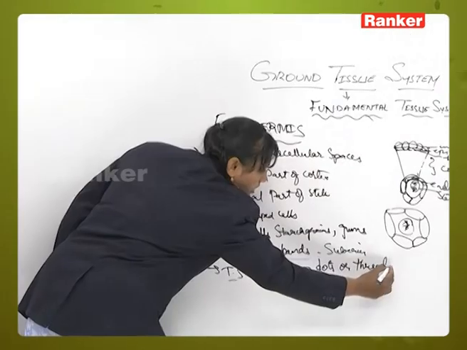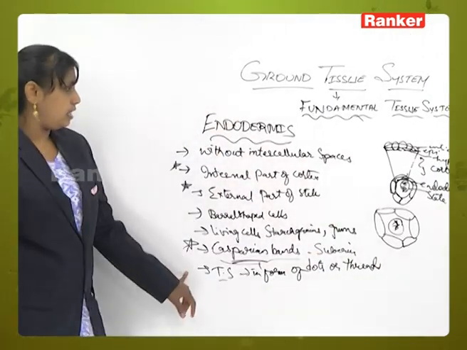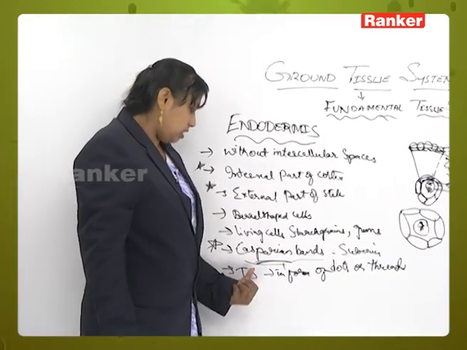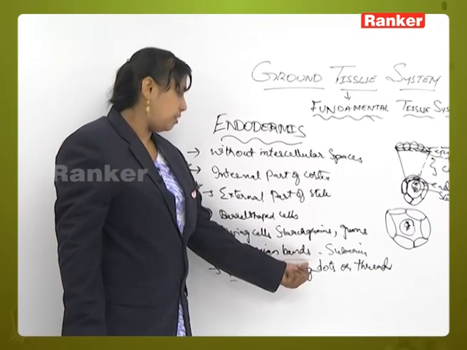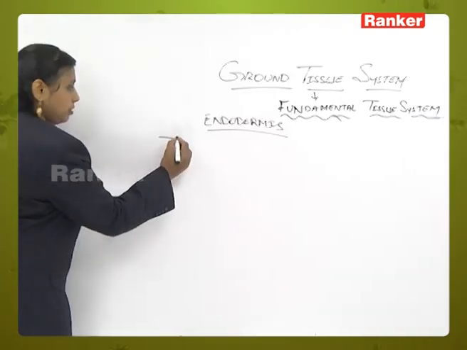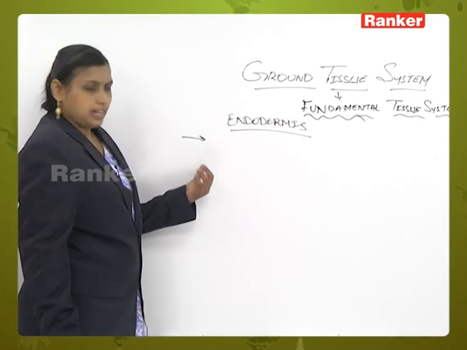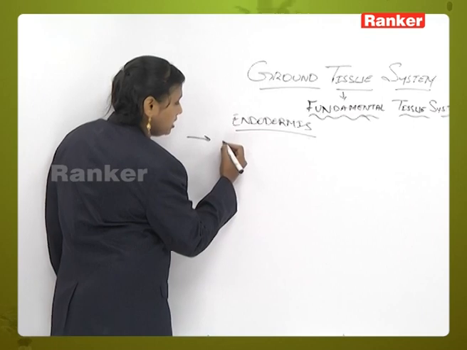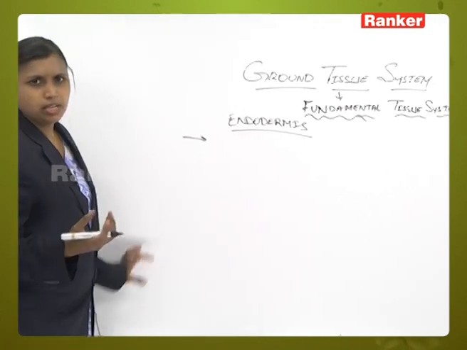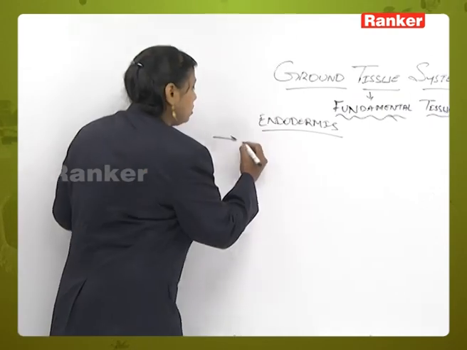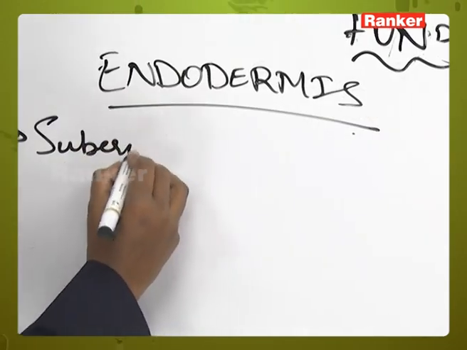So, in any transverse section of endodermis, if you see dots or thread-like structures in the center, then those are nothing but the Casparian bands. Okay, this is important. As I said, there is presence of Casparian bands, and in some cases we can also see the cell wall formation in endodermis consisting of suberin.